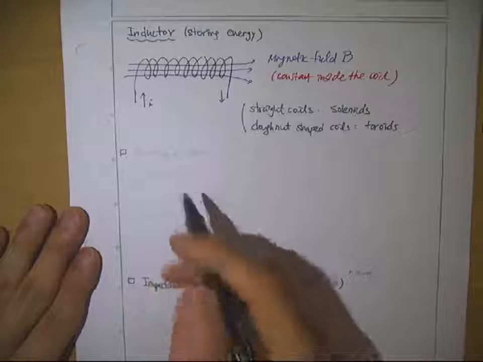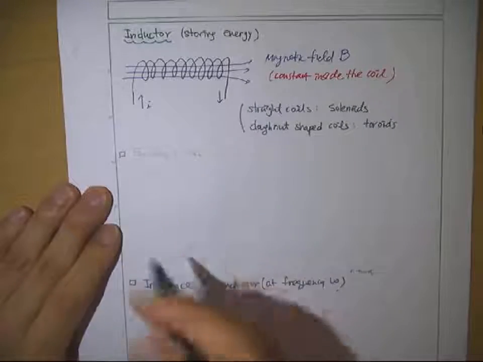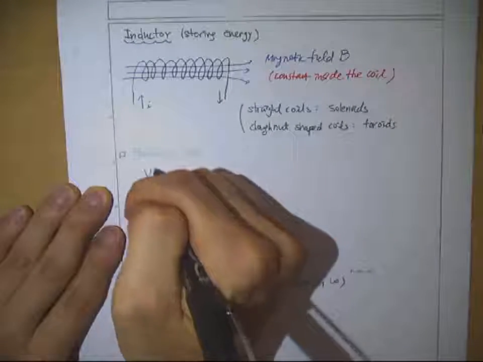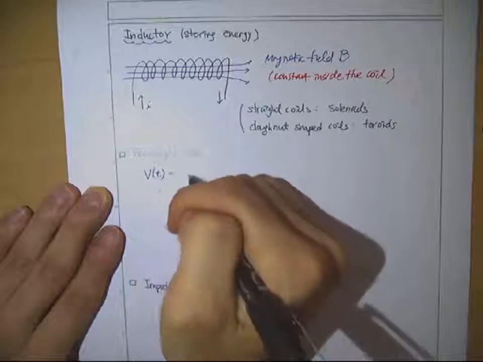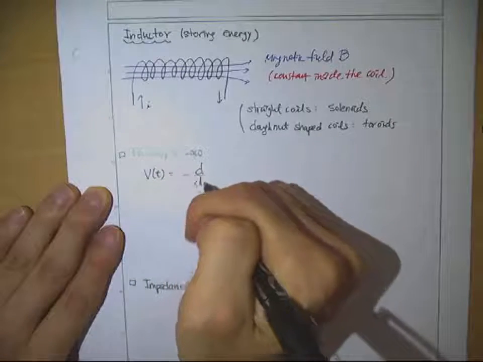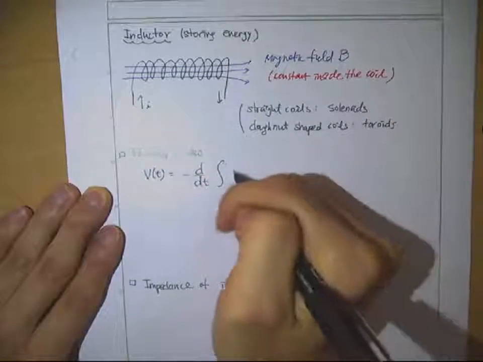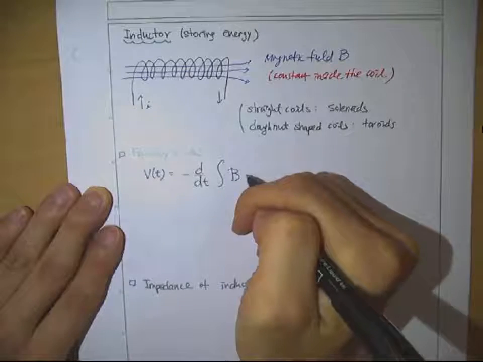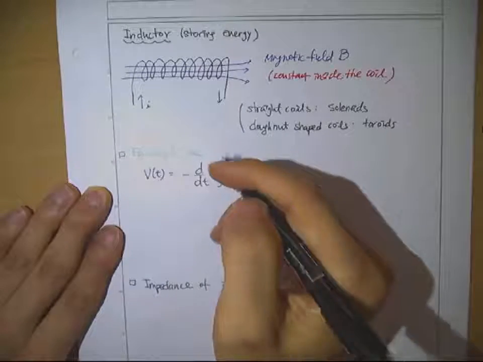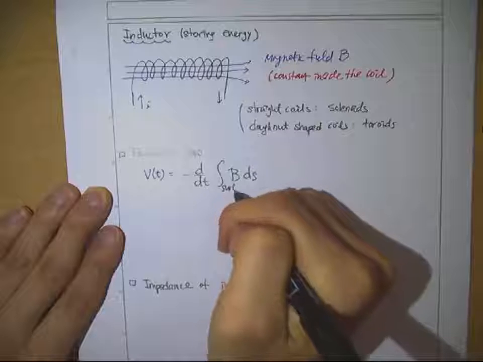And from Faraday's law, the potential difference in time is d over dt of the surface integral of the magnetic field.